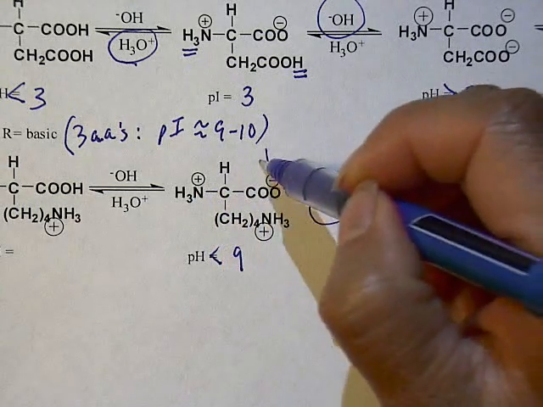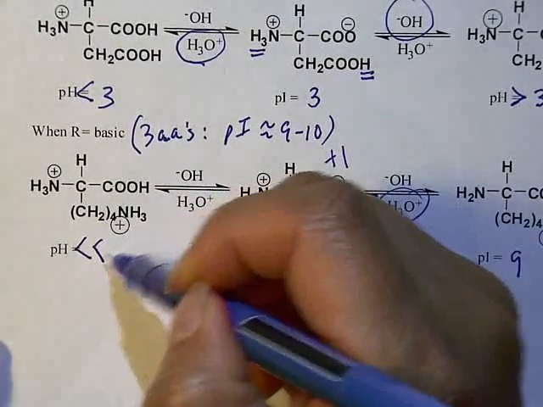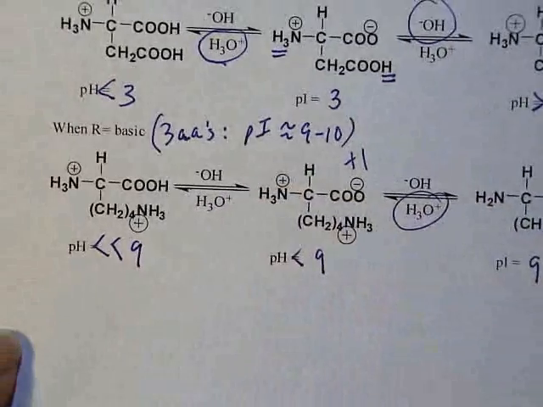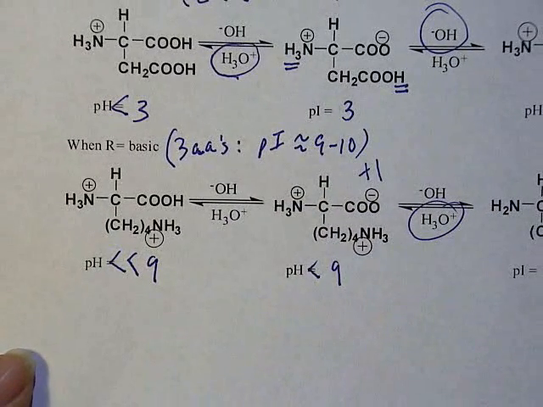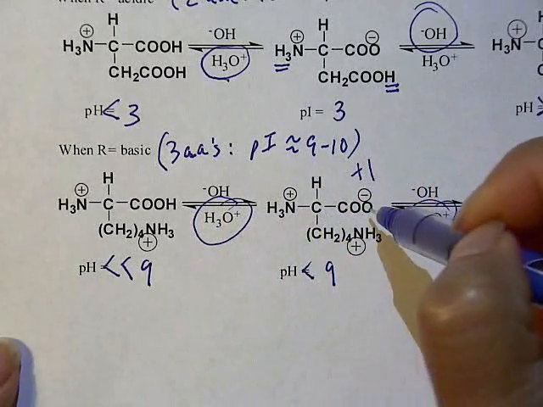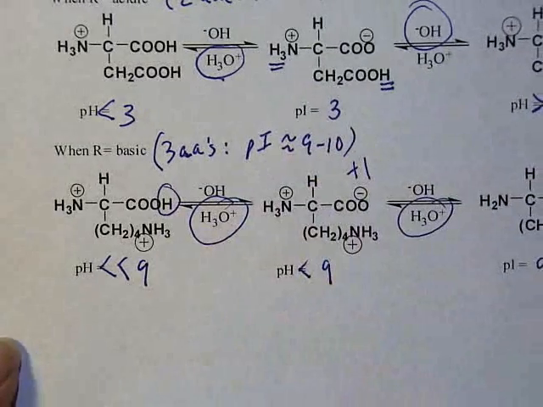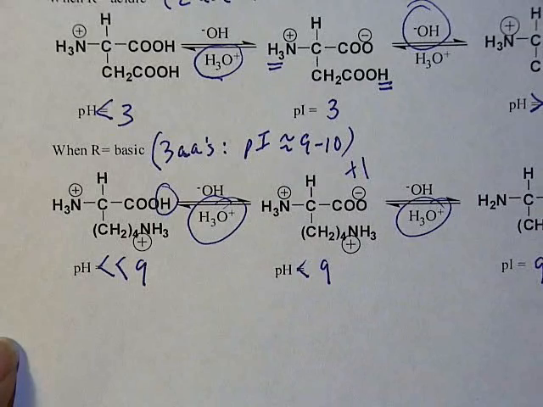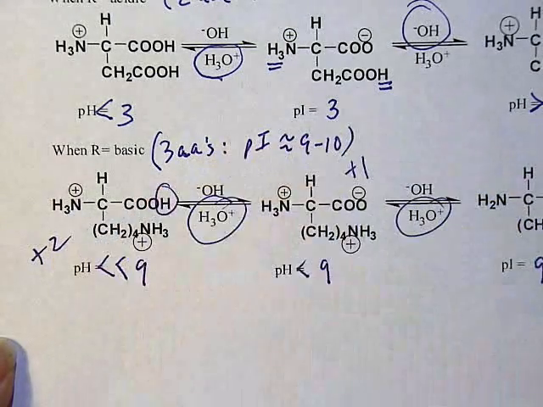So the overall is +1. And then if you keep going and making it more and more and more acidic, like pH of 3, in that environment, it's going to keep getting protonated such that even the last site is going to get protonated. So overall, this is going to be +2 charged.